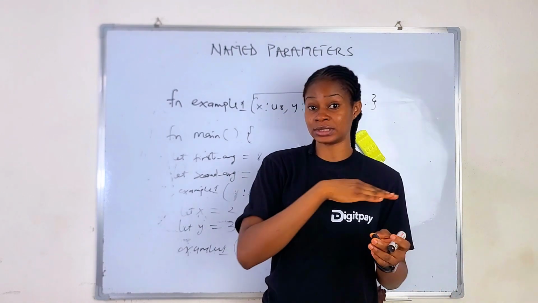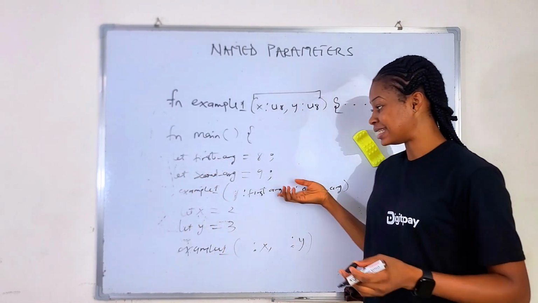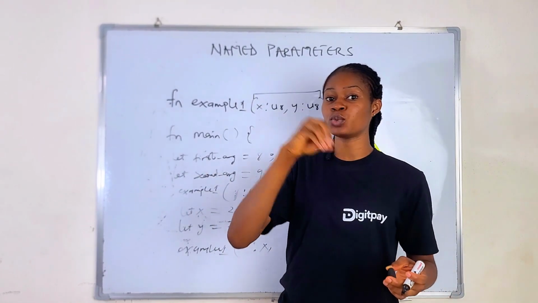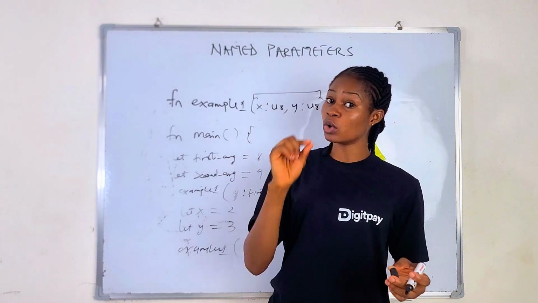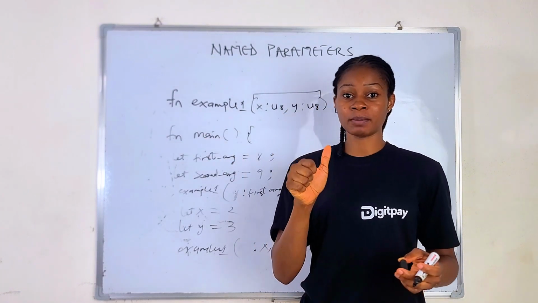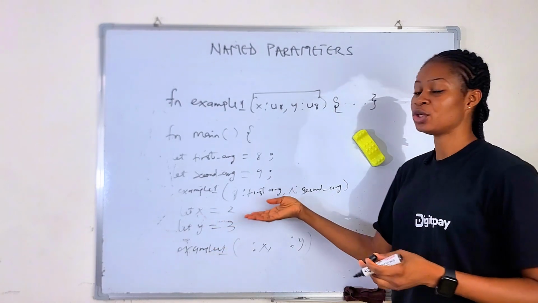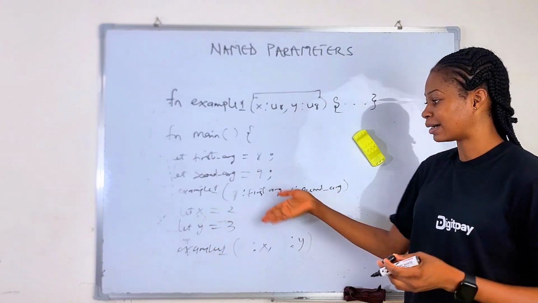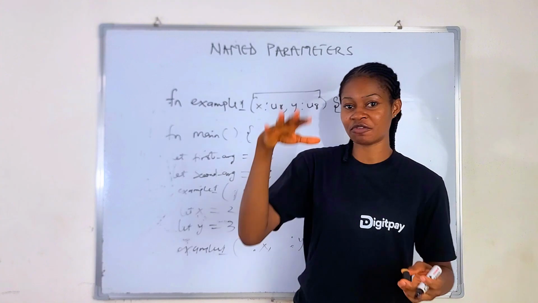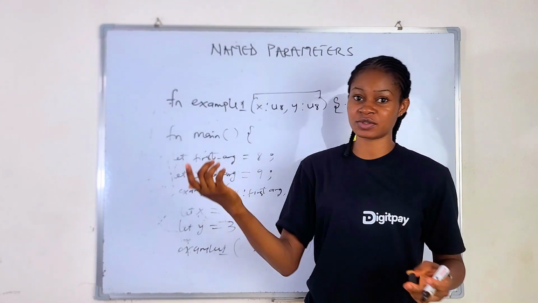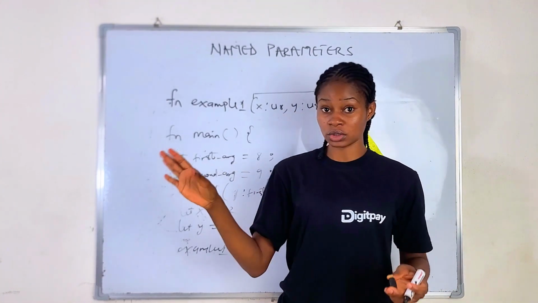It mustn't follow the order, but as long as it is named, the compiler knows which one is for which. So this is one reason why it's important, because it's self-documenting in the sense that by naming your parameters, you don't need to add extra comments saying the first parameter is for this one, the second parameter is for this one. So it's self-documenting on the go, right?